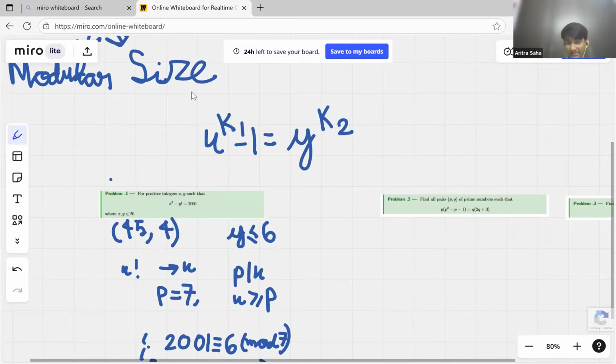But say x square minus 1 is a perfect square. Why can't this happen in most cases? Why can't x square minus 1 be a perfect square for x greater than or equal to 2?